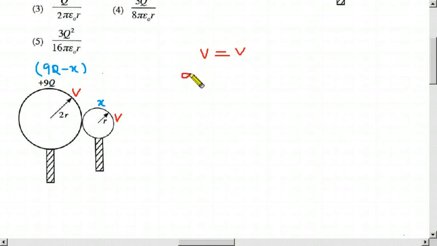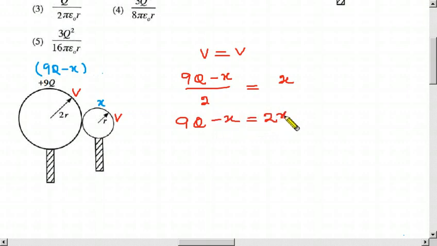We just write the charge divided by the radius 2r, but r also gets cancelled, so here only charge, divided by 1. So 9q minus x equals 2x, 9q equals 3x, x equals 3q.